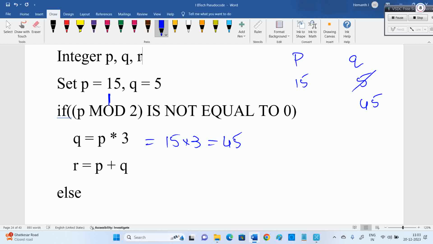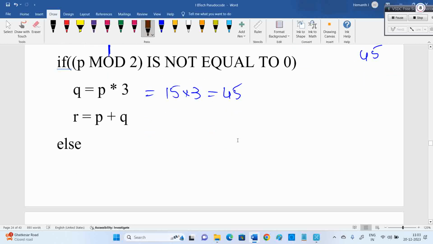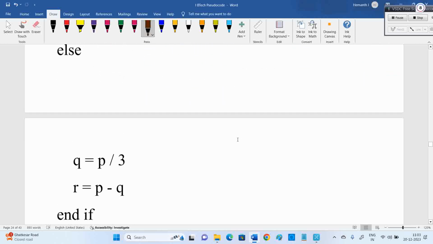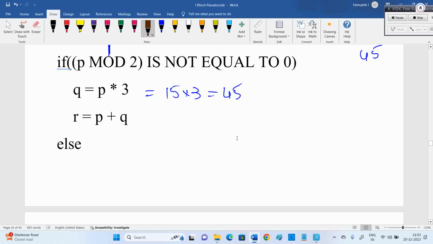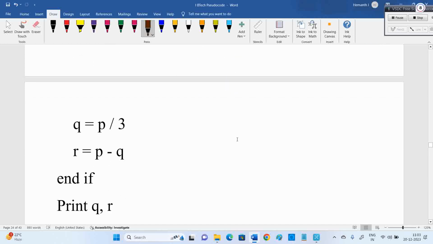P, Q, comma R. Now R is updated to P plus Q. What is P plus Q? 15 plus 45, 60. So no need to continue. See, some people keep on executing all the expressions. Sir, R equal to P plus Q, then Q equal to P divided by... Don't enter into this, right?